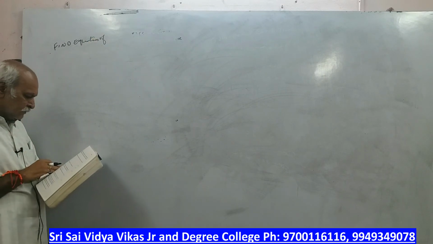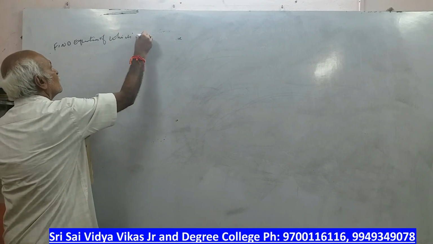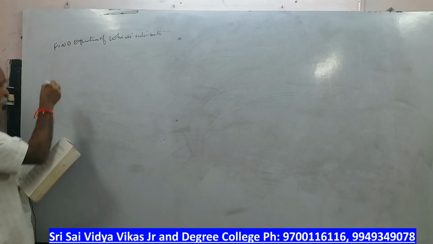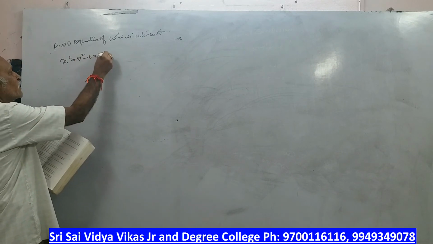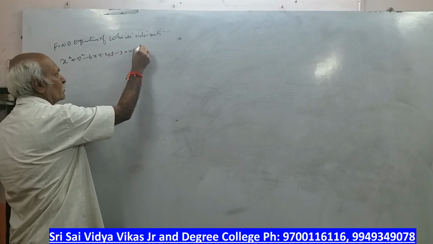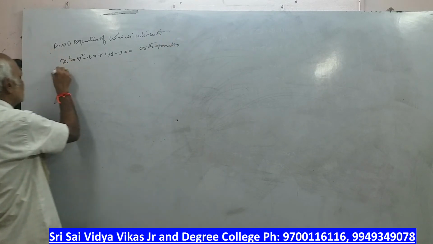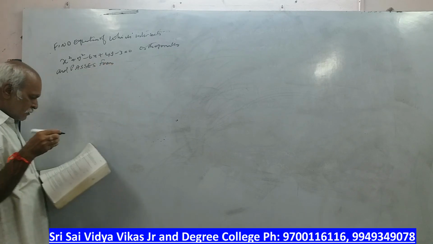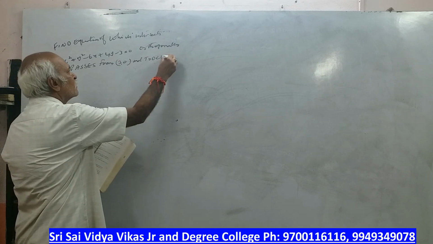Find the equation of the circle which intersects x square plus y square minus 6x plus 4y minus 3 is equal to 0 orthogonally and passes through (3, 0) and touches the y axis.